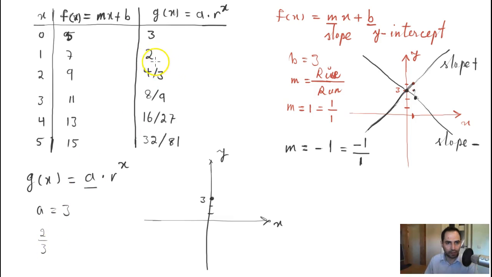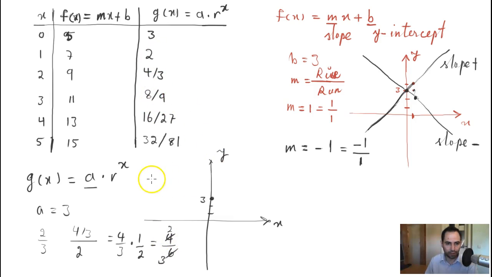And then again, if you divide this term by the previous term, you will get 4/3 divided by 2, right? So it's basically nothing but 4/3 times 1/2, which is 4/6, which is 2/3. So again, you have 2/3 here. So this is the common ratio.